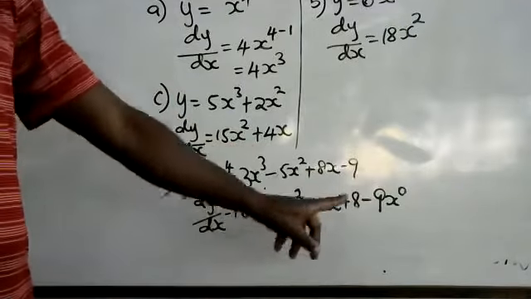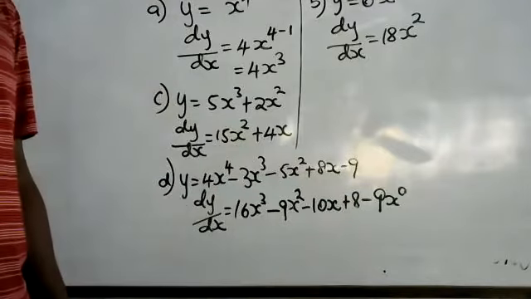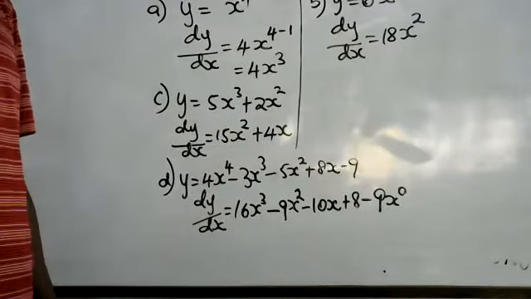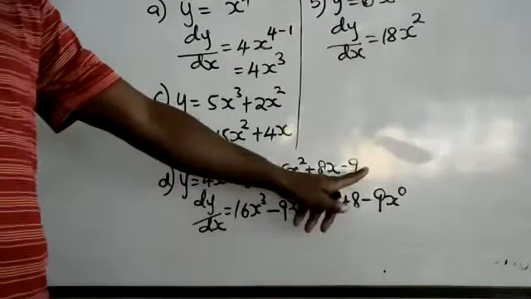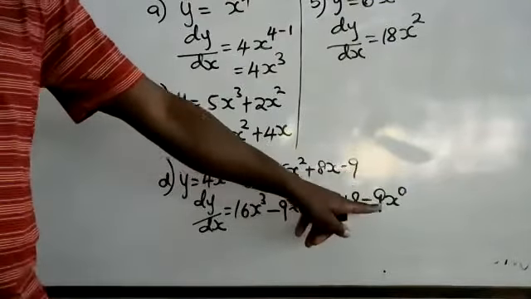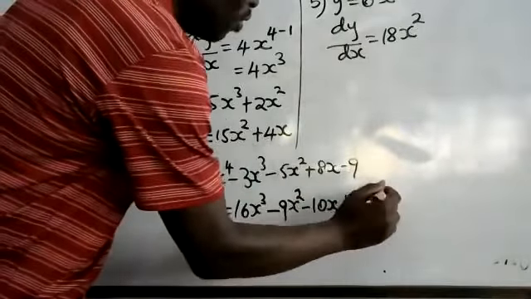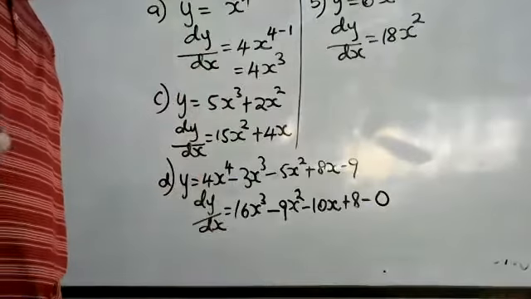Why? Because that constant is a coefficient of x power 0, and that power 0 will multiply by that constant to make everything 0. So here we are going to have 0. Don't trouble yourself.